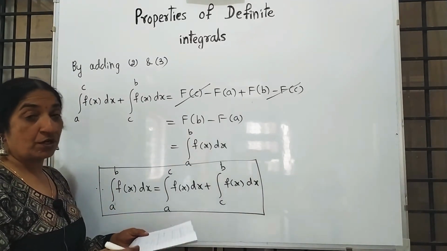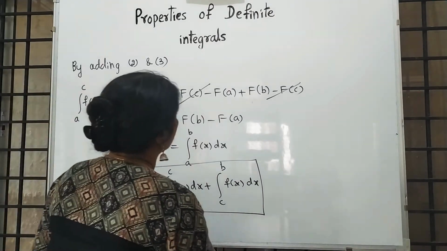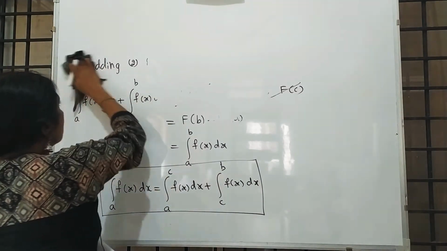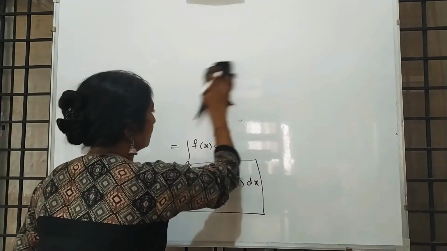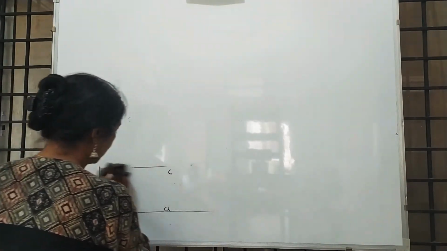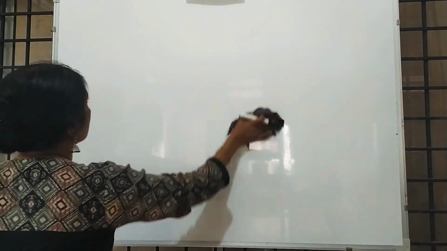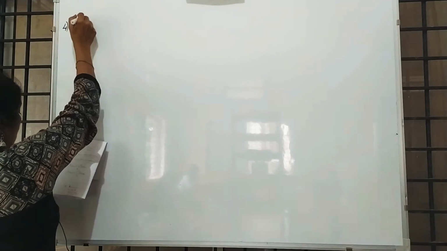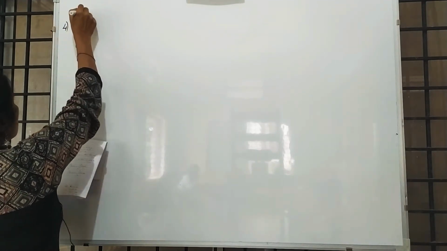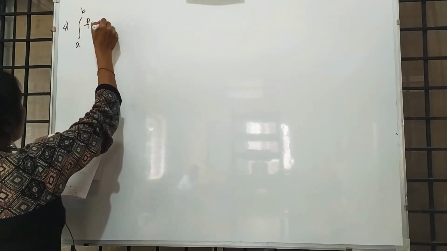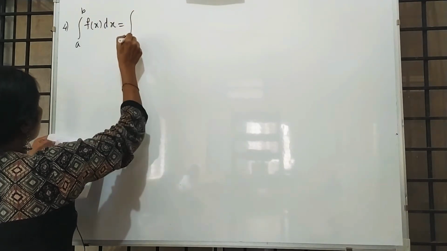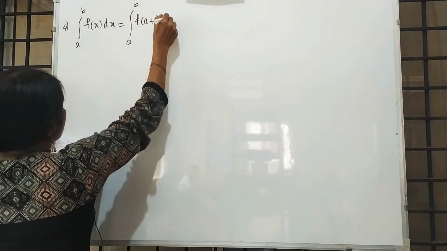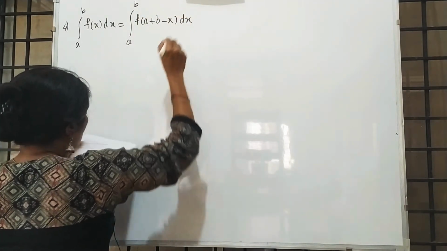Moving to the important formula, the fourth one. We'll practice these properties. Fourth one, integration from a to b, f of x dx is equal to integration from a to b, f of a plus b minus x, dx.